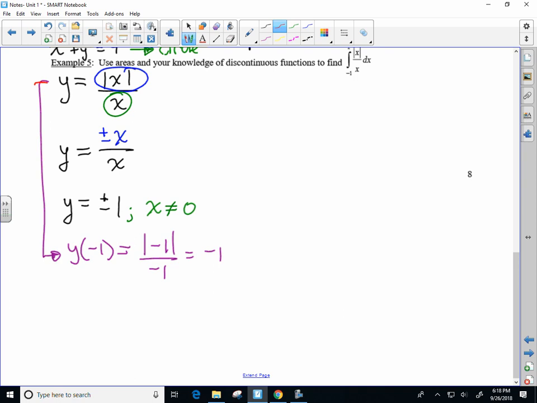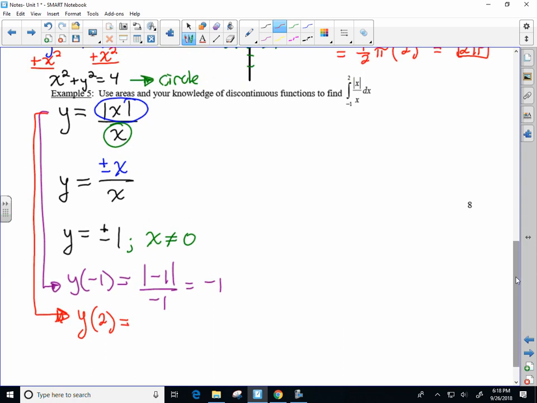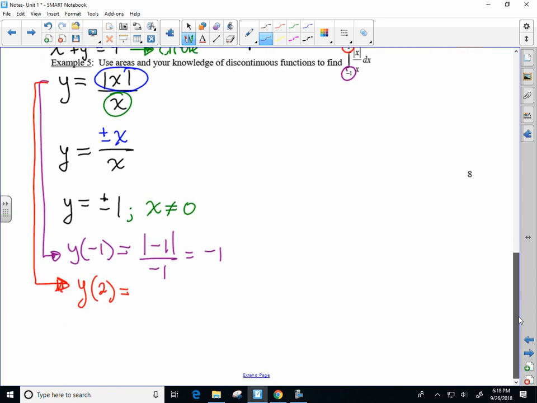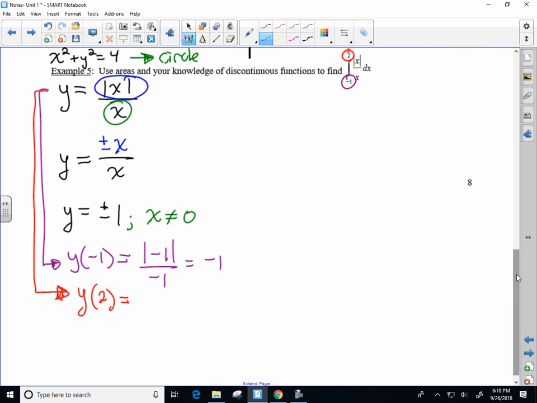Same idea, this time y of 2. I'm just going with the lower bound and the upper bound of the interval. So upper bound is 2, lower bound is -1.